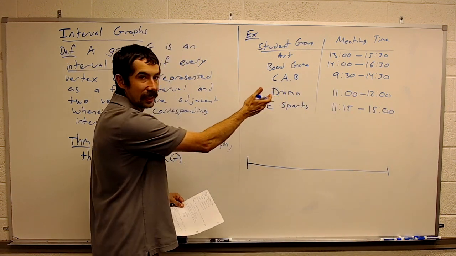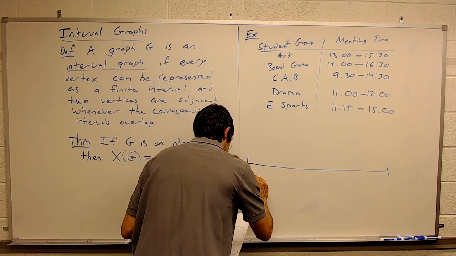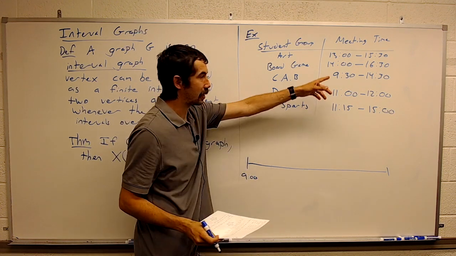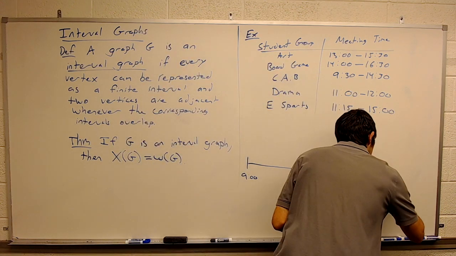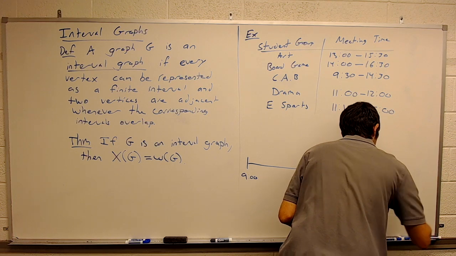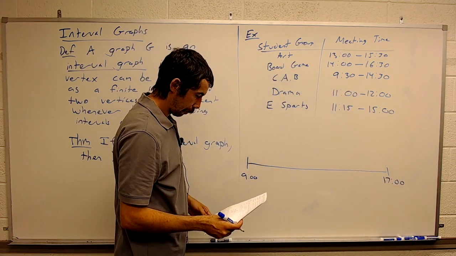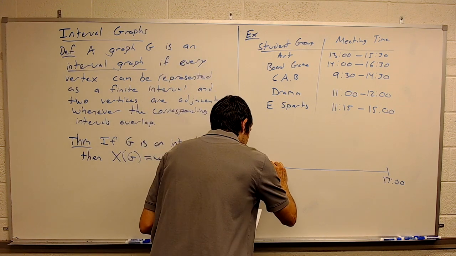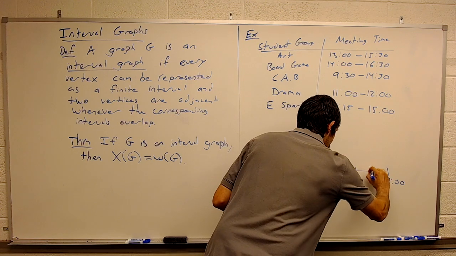The earliest we see is 9:30, so I'll start at 9 o'clock. And the latest we see is 16:30, so I'll end at 1700. All right, so this is 10, 11, 12, 13, 14, 15, 16.